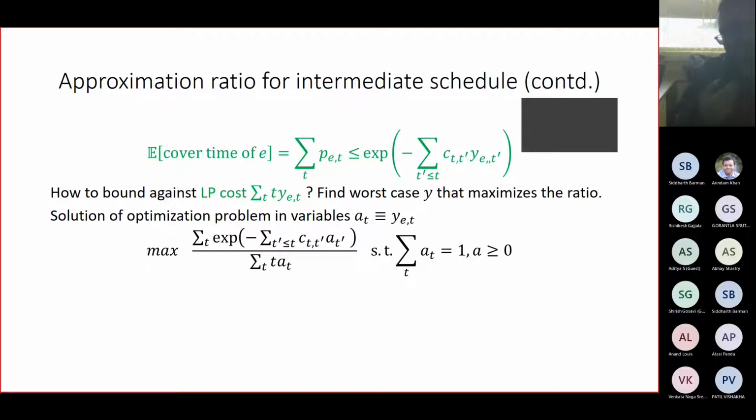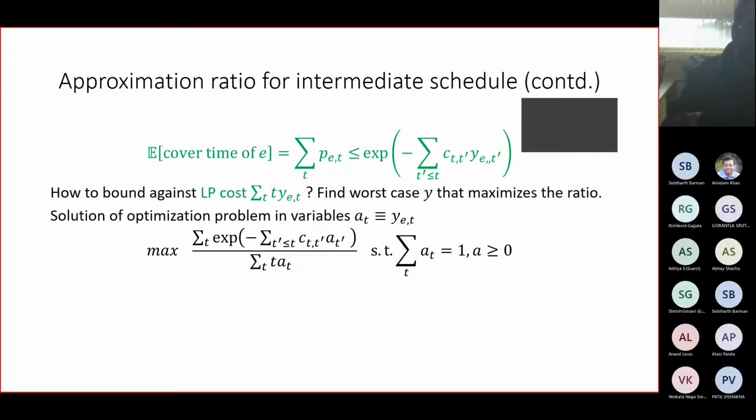So this kind of technique has appeared before. If some of you are aware of what is called a factor revealing LP, you might have seen it in the context of facility location, and maybe also some other problems in online scheduling. But here we have this factor revealing nonlinear convex program. Although this is not really convex, it is the ratio of a convex function and a linear function.